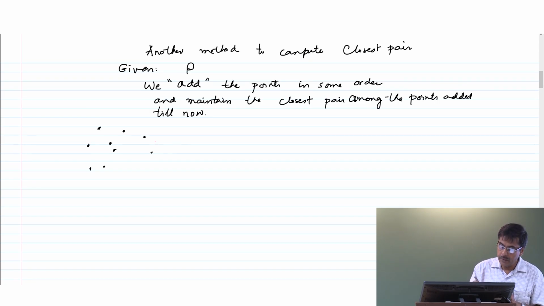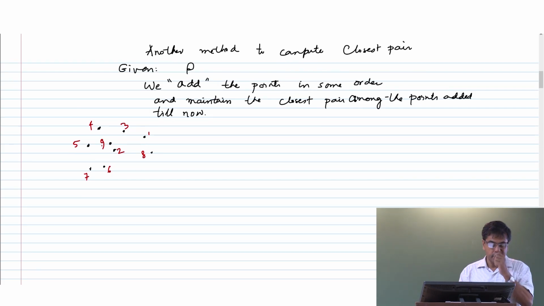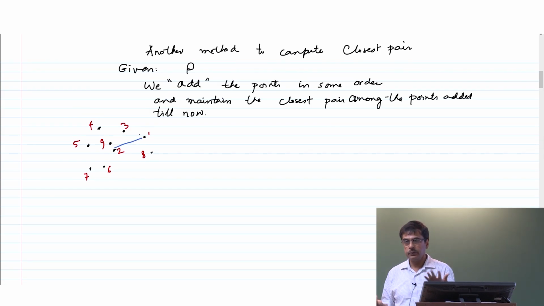So maybe I add this point and this point and this point. This is some arbitrary ordering I am choosing right now. These are 9 points. Initially, of course, I don't have any points. So I first start with these first 2 points, and the first 2 points define some kind of a distance between them. Among these 2 points, of course, this is the closest pair, there is no other point.